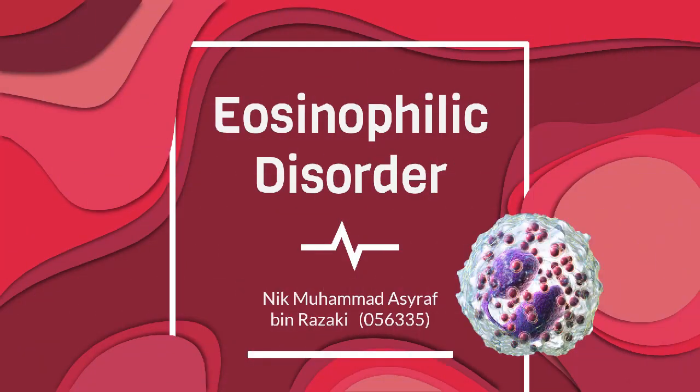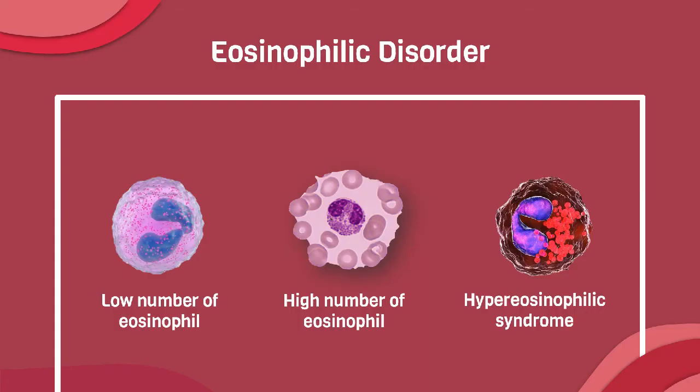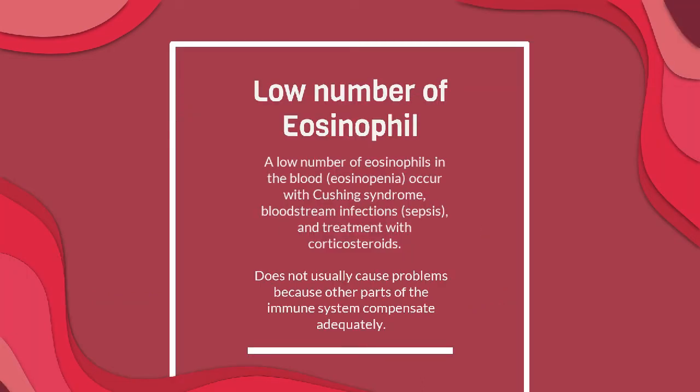I'm going to talk about eosinophilic disorder. There are three main highlights in eosinophilic disorder, which are low number of eosinophils, high number of eosinophils, and hypereosinophilic syndrome. A low number of eosinophils in the blood can occur with Cushing syndrome, bloodstream infections, and treatment with corticosteroids.